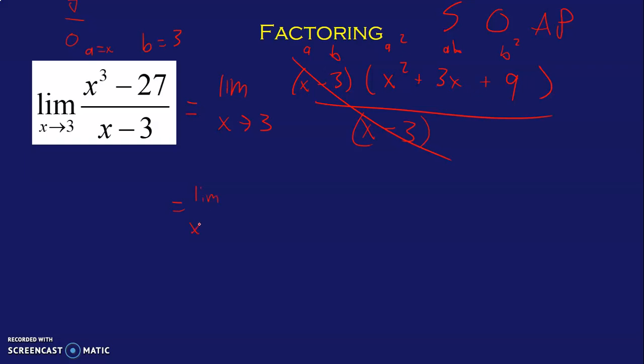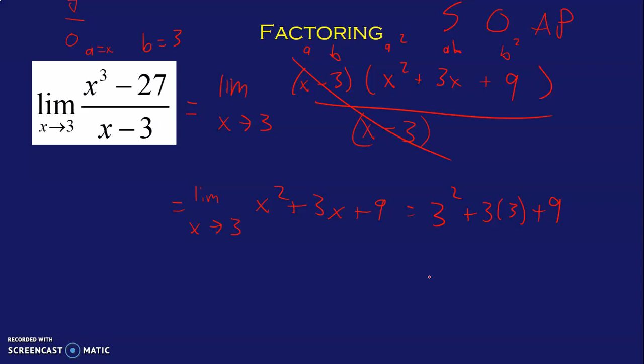So the limit as x approaches 3 of x squared plus 3x plus 9. Now I can plug in 3, and I'm not going to have to worry about dividing by 0 or having 0 over 0 anymore. So 3 squared plus 3 times 3 plus 9.